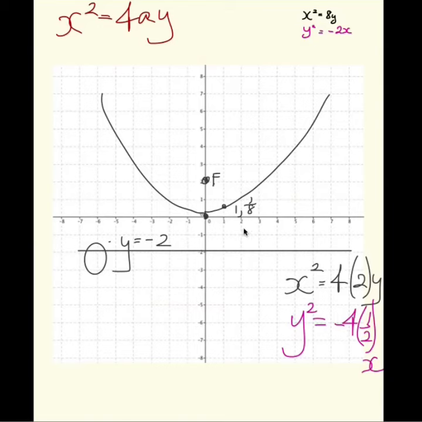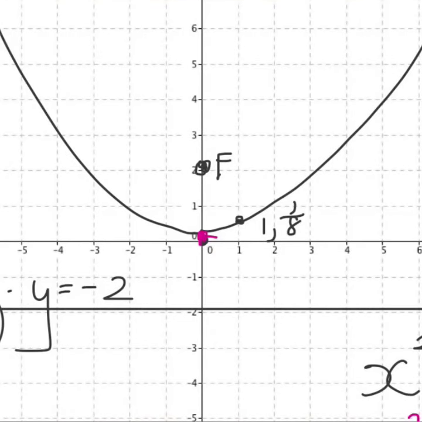So again, our vertex is at 0, 0. But this time, I'm going to try and zoom in a bit. Right, this time we have a focal length of 1/2, and it's concave left. So we've got a point there, and that is my focus.